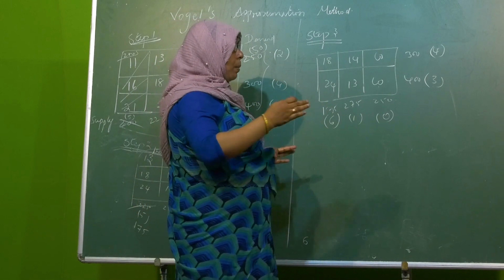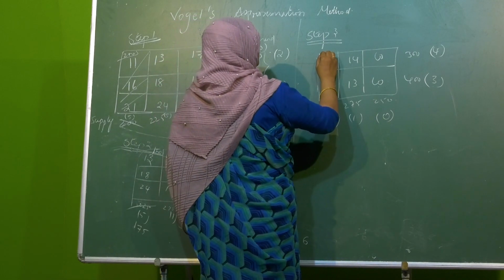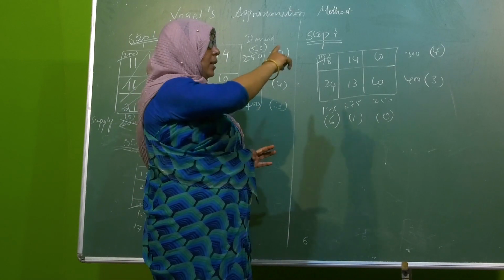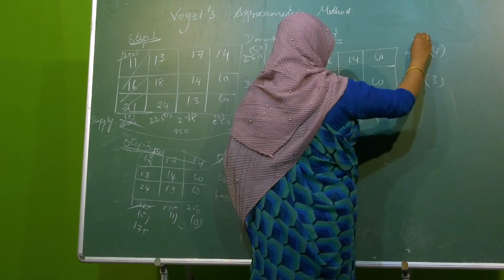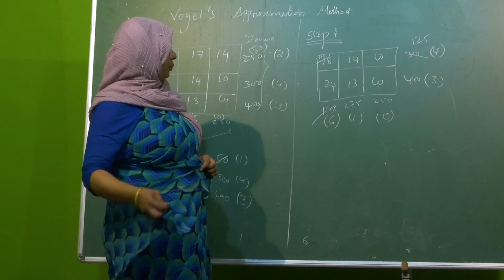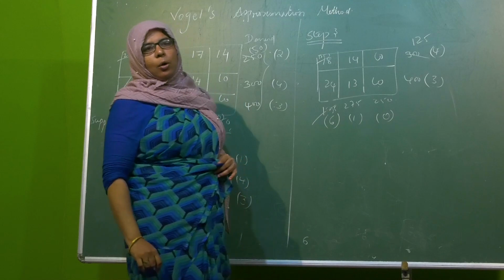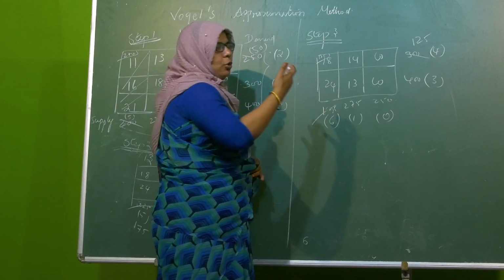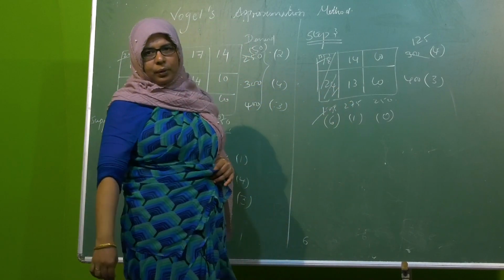Which one is the minimum of 175 and 300? 175 is the minimum. So we have to allocate 175 and subtract 300 minus 175. That is 125. And we eliminate the first column. Why do we eliminate the first column? Because the 175 is to be vanished. So that's why we eliminate the first column.